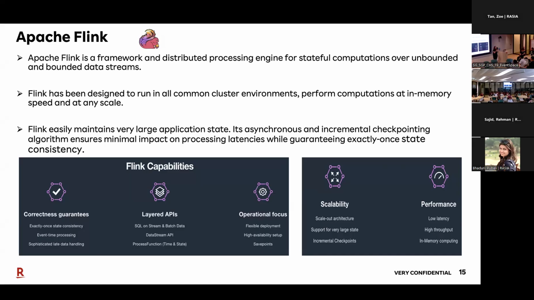And in the operational focus, there is a third point called savepoint. Savepoint is very similar to checkpoint, where Flink itself creates the snapshots, but a savepoint is a snapshot created by the user. Let's say you want to restart the application because you made some configuration change, then you will create the savepoint and use that savepoint as a start to restart your application. So it provides that flexibility to you without any data loss.